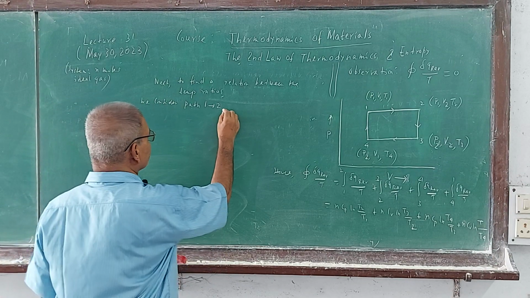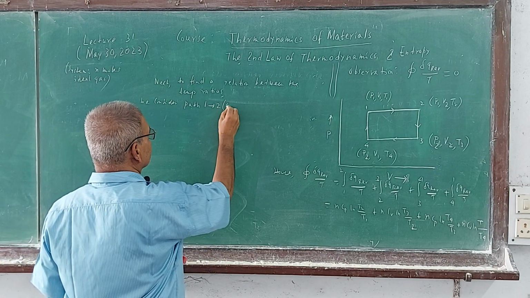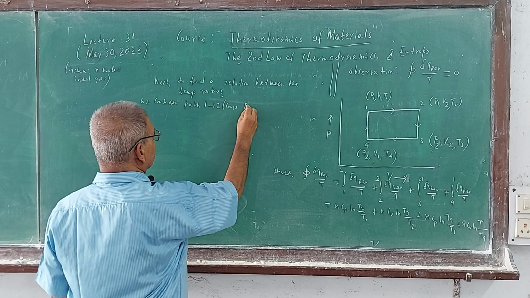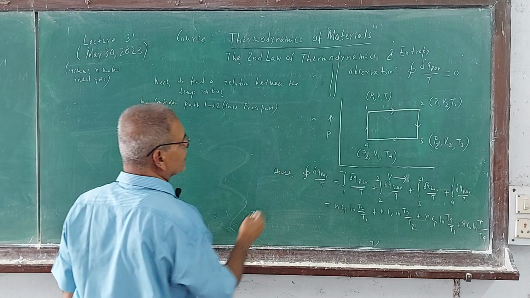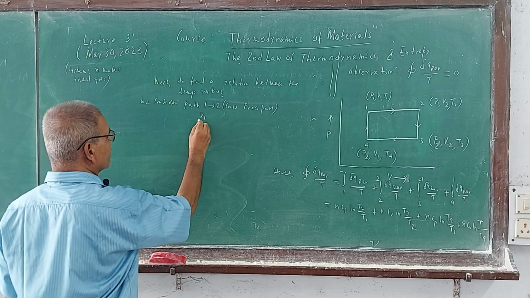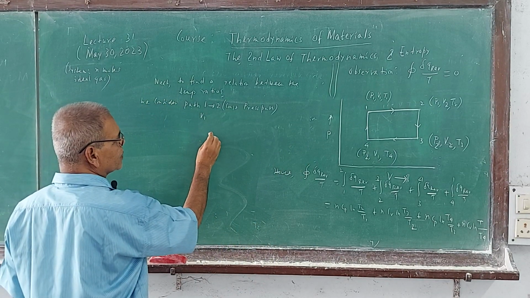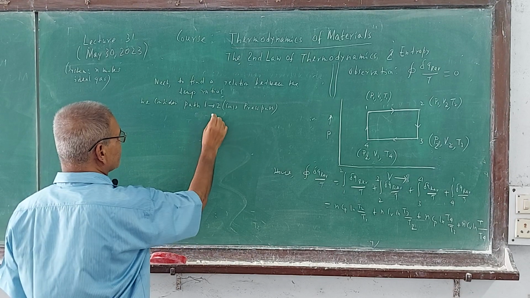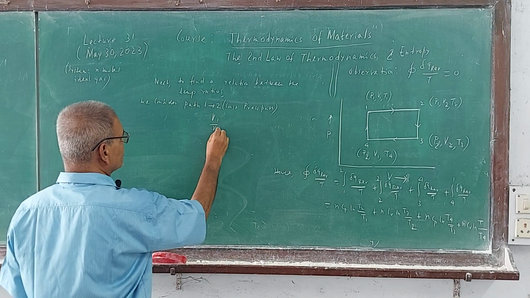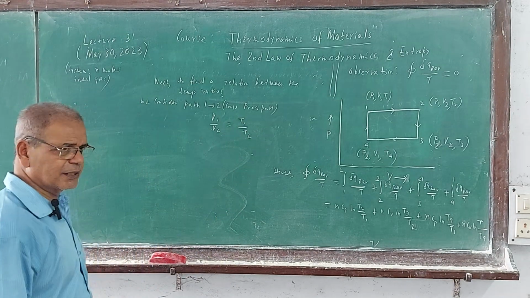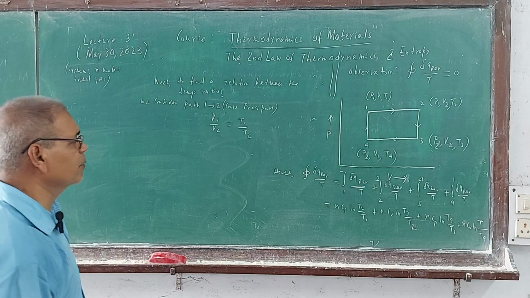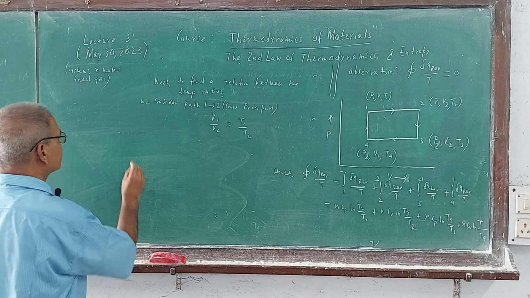So you can very easily write V1 by V2 is T1 by T2. Do you have any difficulty? No difficulty. V1 by V2 is T1 by T2, since pressure is constant.